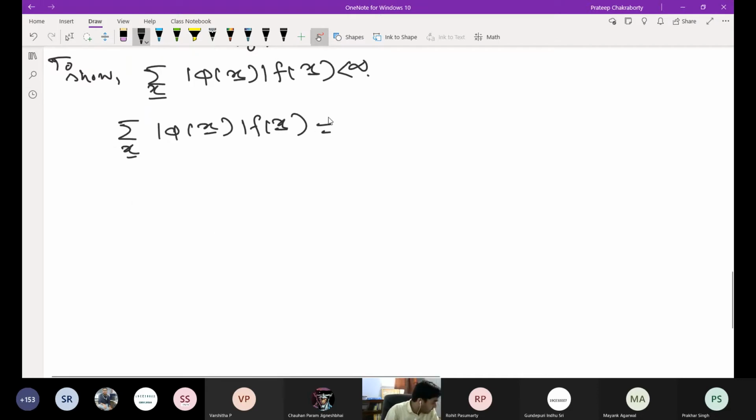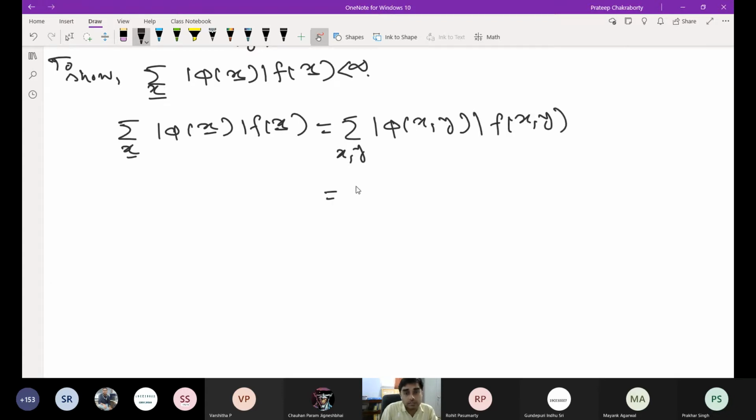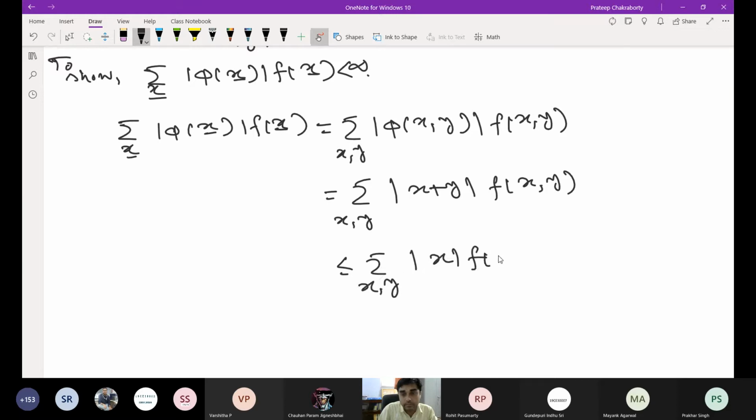So that's why I am writing it in an easier way. So this is nothing but the summation over (x, y) of mod of phi of (x, y) times f of (x, y). This is the summation of mod of (x plus y) times f of (x, y), which is less than or equal to the summation over (x, y) of mod x times f of (x, y) plus the summation over (x, y) of mod y times f of (x, y). This part is actually important, which I was missing in the last attempt.